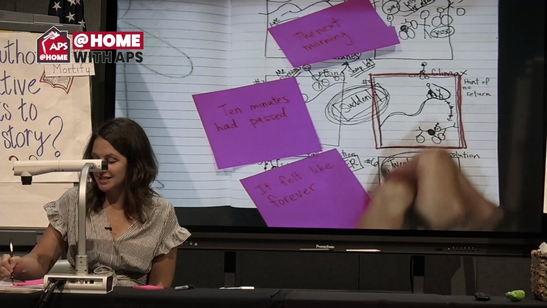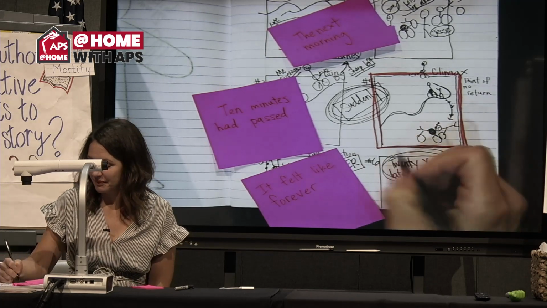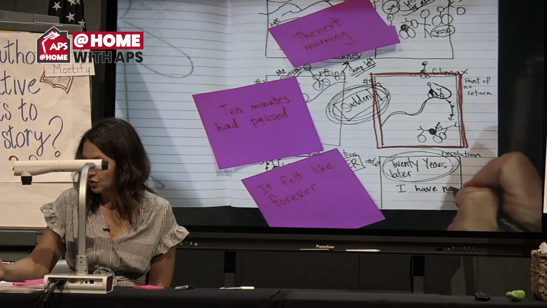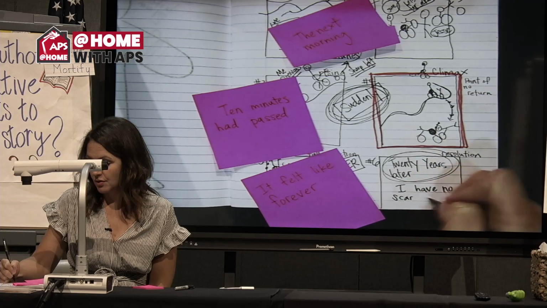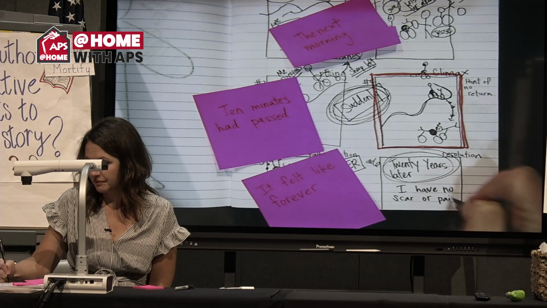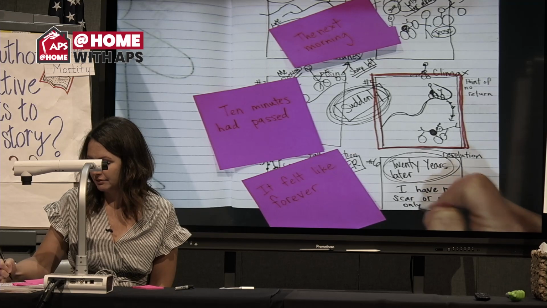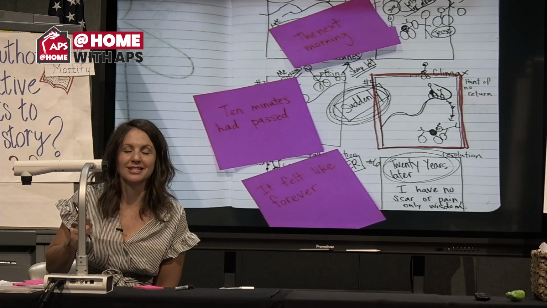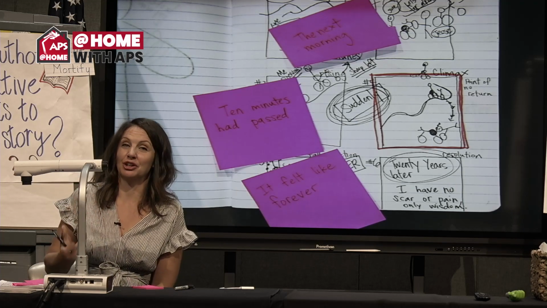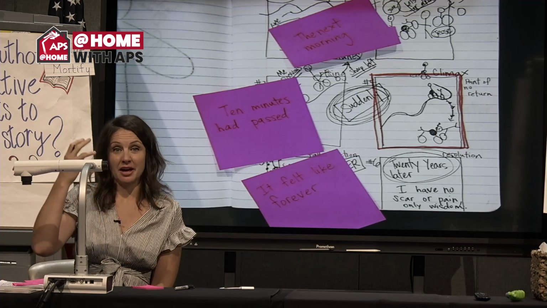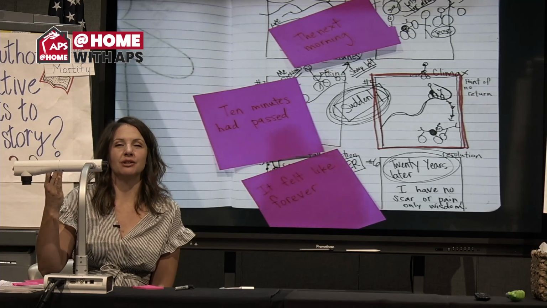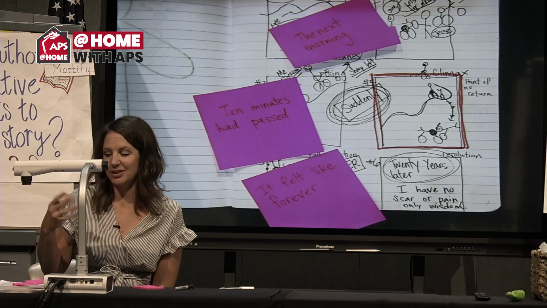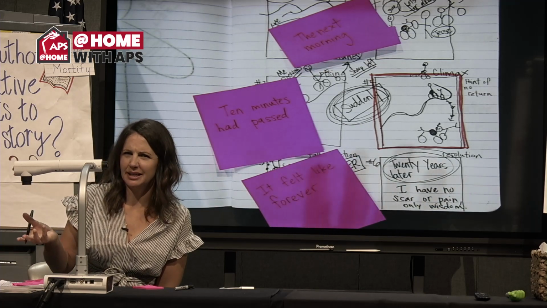So 20 years later, I have no scar or pain, comma, only wisdom. It's always good to end with what does the character learn? After the climax, after the point of no return, has the character changed? Has the character thought about things differently? Usually.